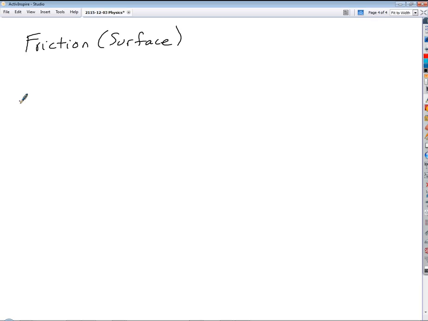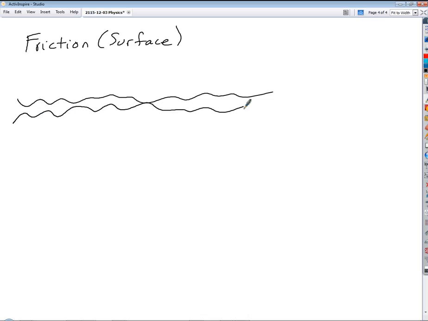If you look microscopically, you think it looks absolutely smooth? No, it doesn't. It's still bumpy. Even those highly polished surfaces, if you look at a microscopic level, they look like this, right? And so we've got this top surface and this bottom surface, and based on that understanding of what the microscopic structure is, what do you think causes the friction?